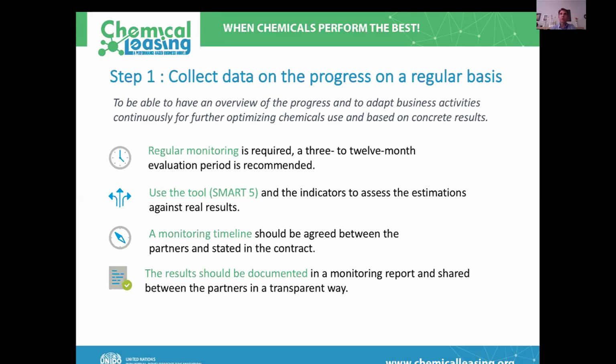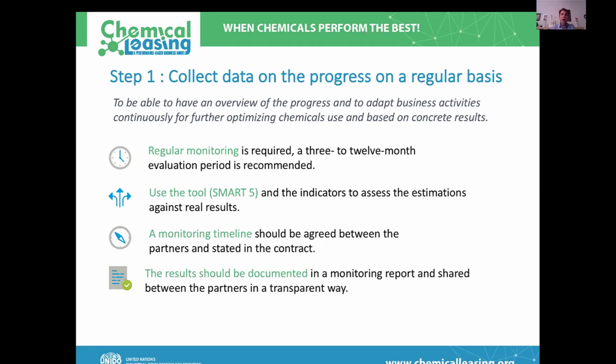And as you have seen in the previous presentation, it should be included in the contract: how much monitoring is done, in which intervals, who is doing it, who is in charge of that, who will pay for it, etc. We recommend here that the monitoring phase is from 3 to 12 months. The longer the better, but we don't want to exaggerate.